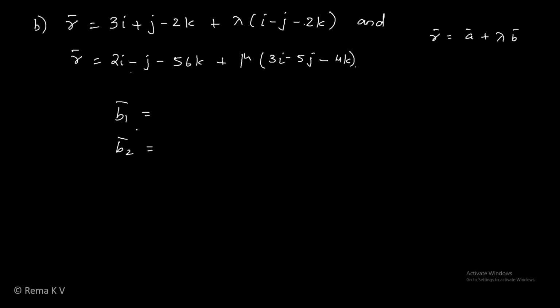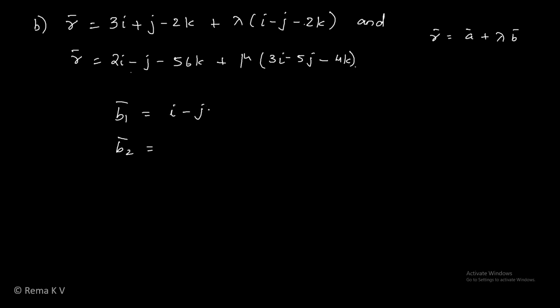Which is the vector b1 here? i minus j minus 2k, that is the first one.